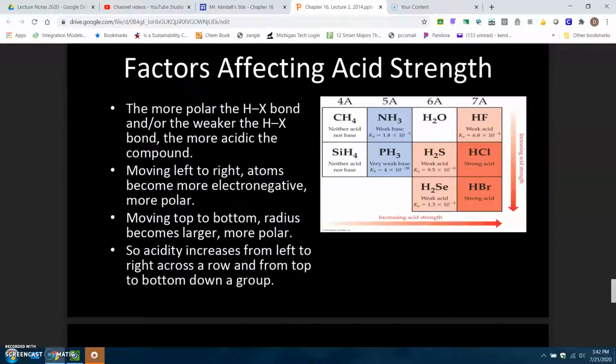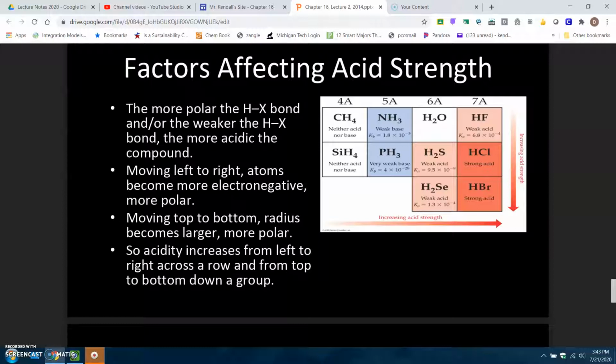Now, as you're going down the column, hydrofluoric is actually a weak acid, and that's because of its size. The protons in fluorine are going to be able to have closer proximity to that shared pair, and they're going to hold it fairly tight. But as the radius starts to get larger, increasing going down the column, that hydrogen is going to be more easily released from the pair, if you will.